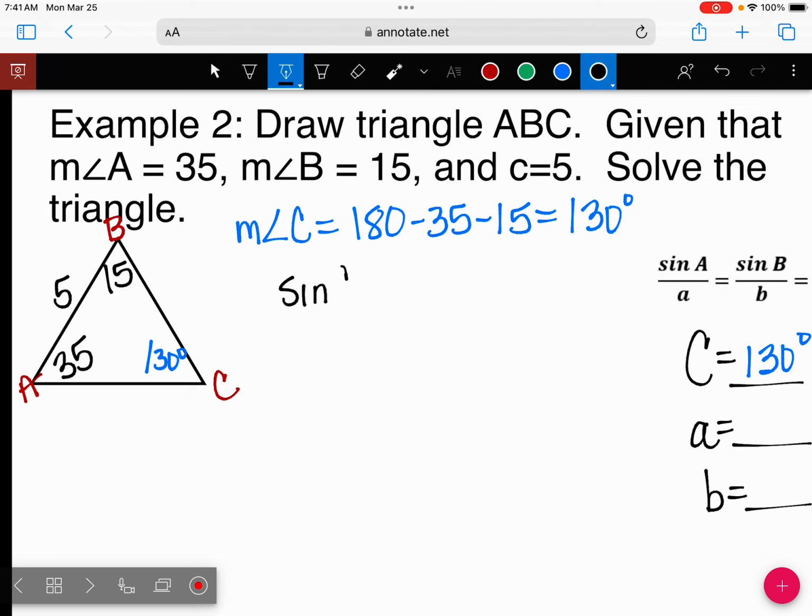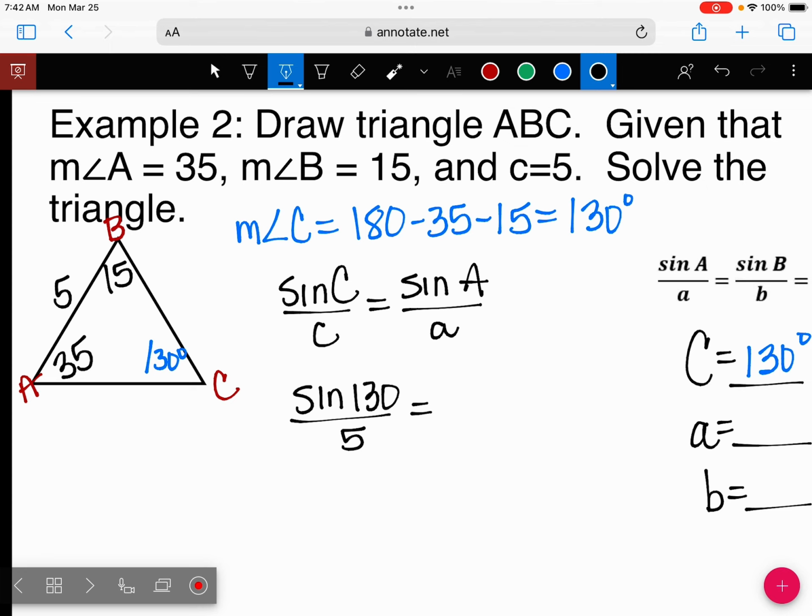I'm going to use the sine of C over little c, and then I'm going to find A first. So I'm going to set it up as the sine of A over A. So we have the sine of 130 over 5, and that equals the sine of 35 over A.